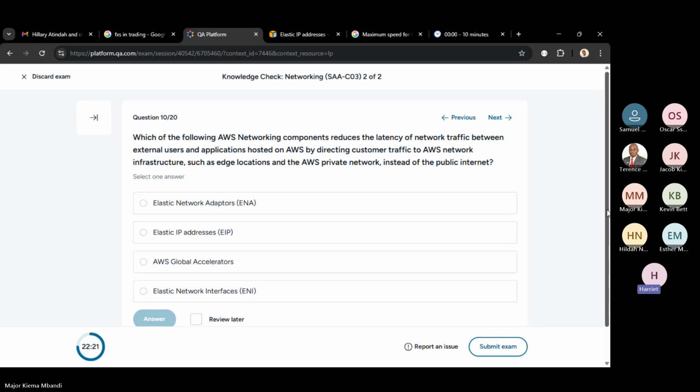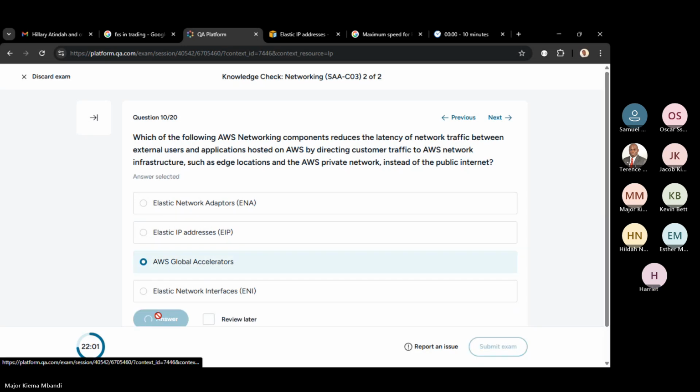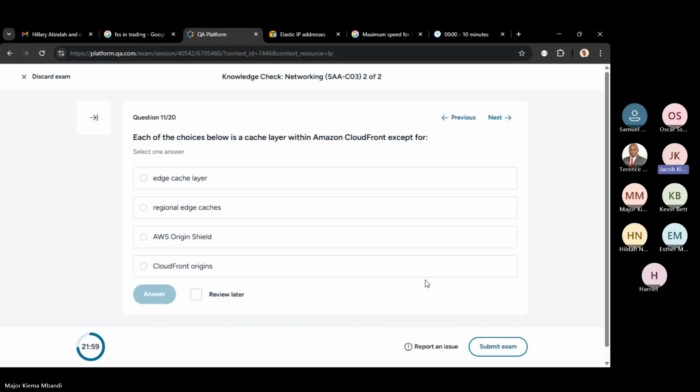It reduces latency of network traffic between external users and applications hosted on AWS by directing customers' traffic to AWS network infrastructure. I would go with C. Okay, thank you, Harriet. Next question is for Hilda.